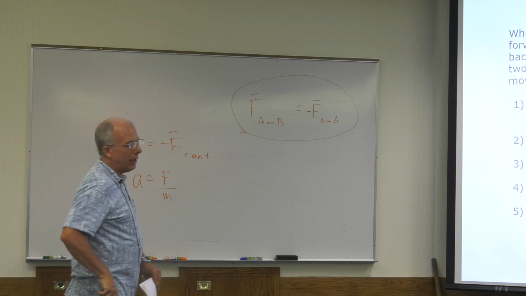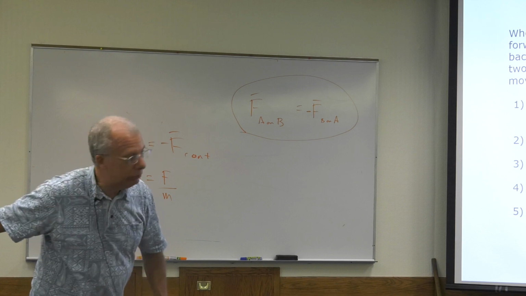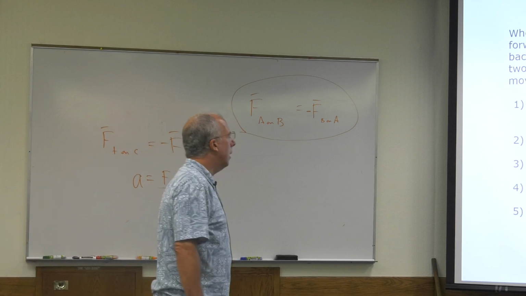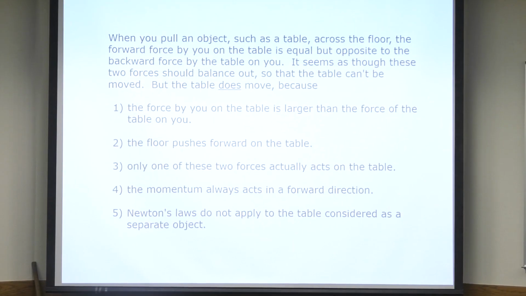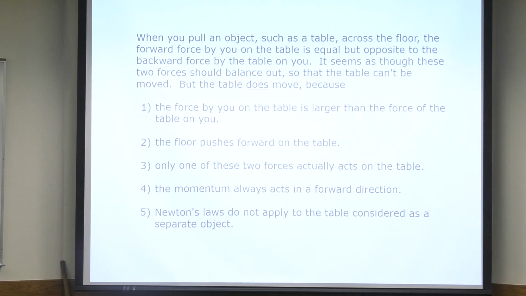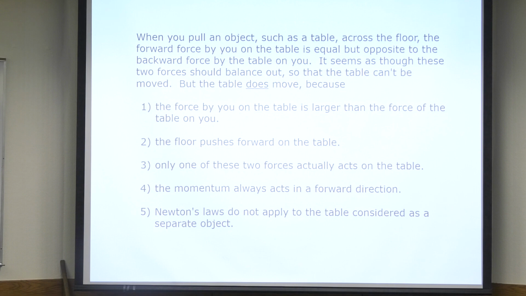When you pull an object, such as a table, across the floor, the forward force by you on the table is equal and opposite to the backward force by the table on you, right? That makes sense. What it says is that the force you on table is equal and opposite to the force table on you.